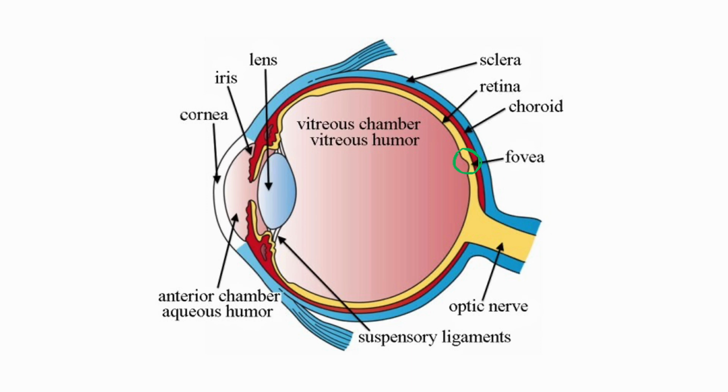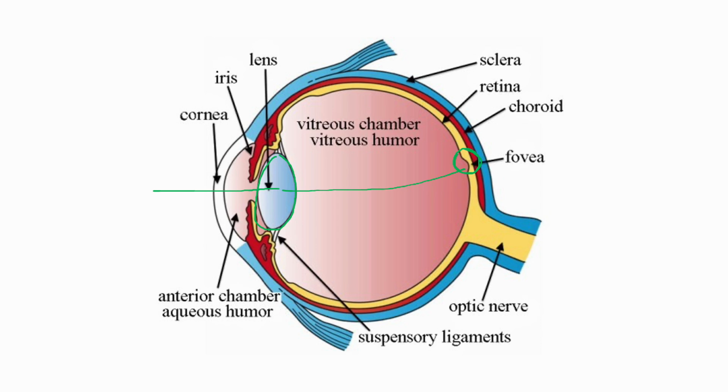I did want to point out that the lens is shown in this image. I don't think we had a lens in the last image. And the lens is where the light is focused, right? The light comes in, okay? And the lens is what focuses it to where it needs to be to hit the retina. The lens is regulated, okay?